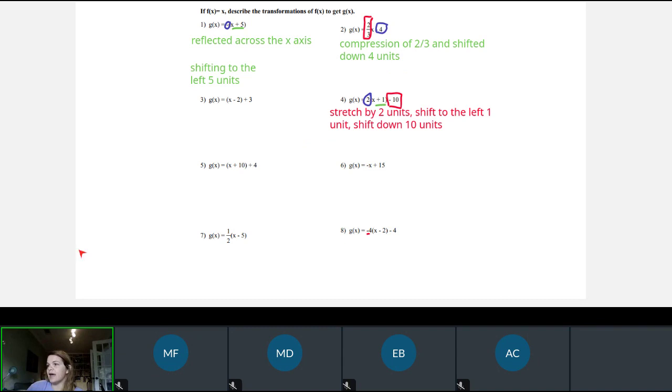So that's going to reflect across the x-axis. So first I have a reflection across the x-axis. Then I have that number 4. Okay, so 4 is greater than 1. So that's going to be a stretch by 4 units.